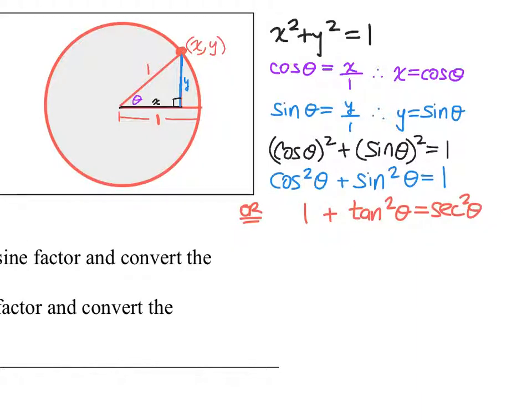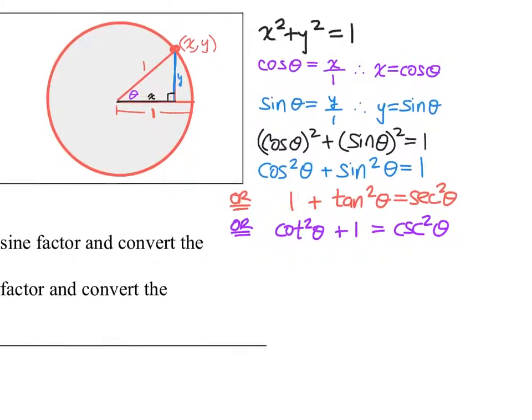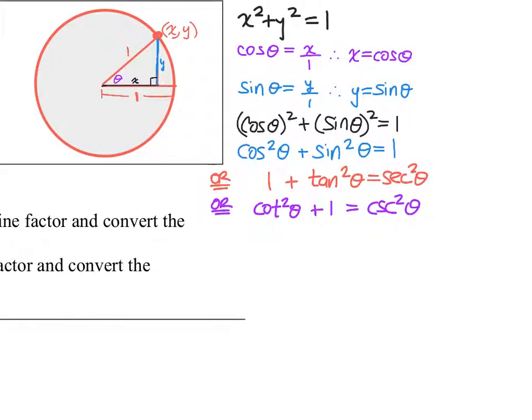If I divide each of those three terms by sine squared, I would get cotangent squared plus 1 is equal to cosecant squared. All of that from a circle and a triangle. All right. If you draw the circle and a triangle, you can invent all these rules.